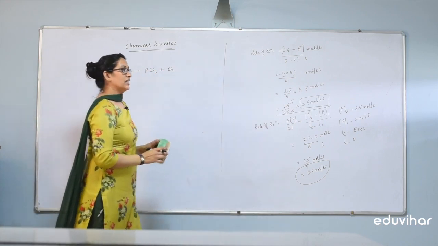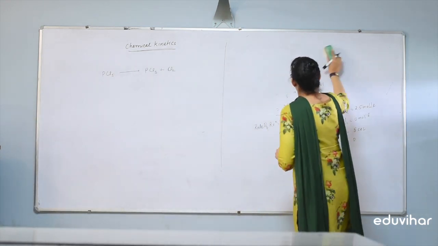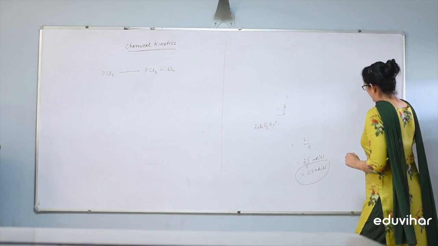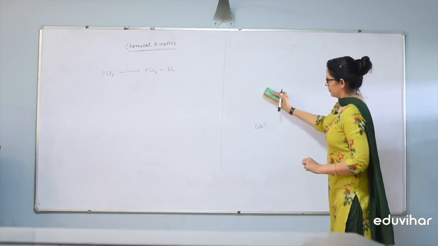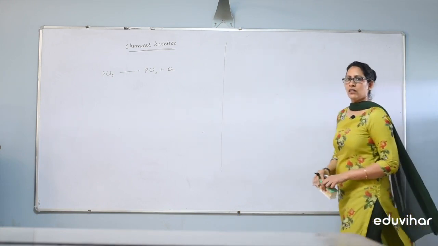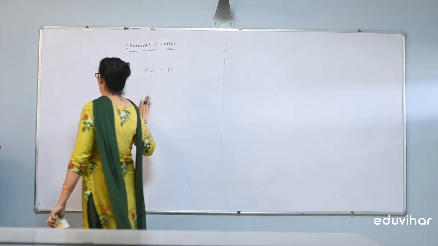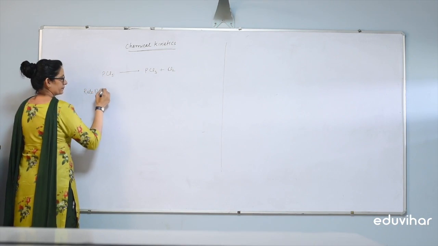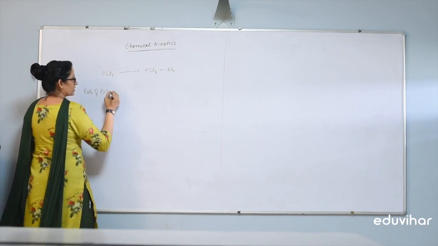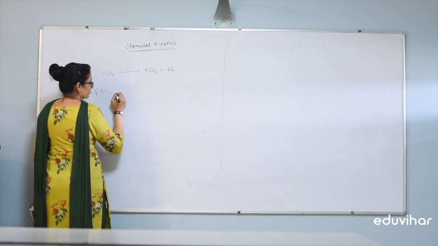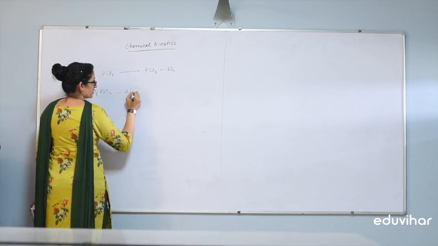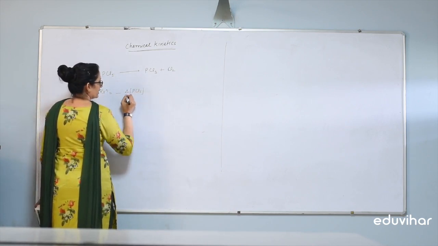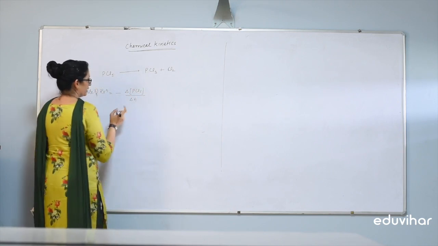Try to write down the rate of this reaction. How will you write down the rate of this reaction? The rate of reaction for this reaction is equal to, what is this? Negative change in concentration of PCl5 divided by the change in time taken.